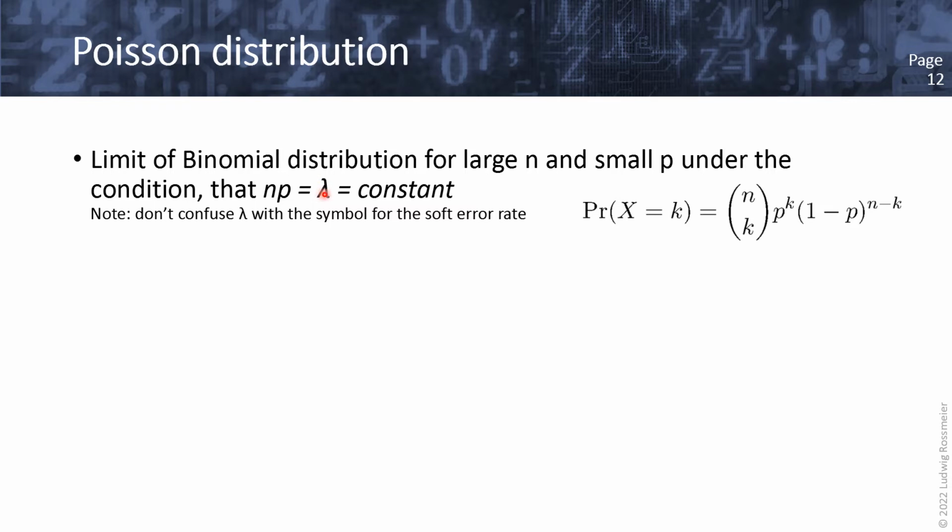Please don't confuse the lambda with a symbol for the soft error rate, which sometimes is also chosen to be lambda. I put here the formula of the binomial distribution, and now we can replace the p here and there by the value lambda over n.